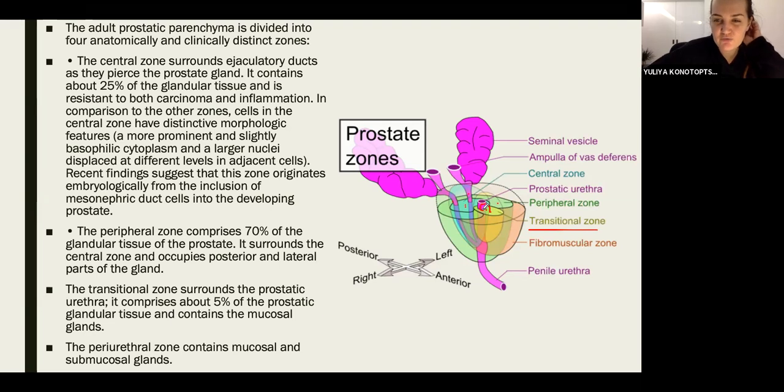So with age, males have difficulties urinating. They have very difficult initiation and very difficult to stop urinating because something is constantly pushing on the urethra, and that's the smooth muscle cells which are proliferating here.